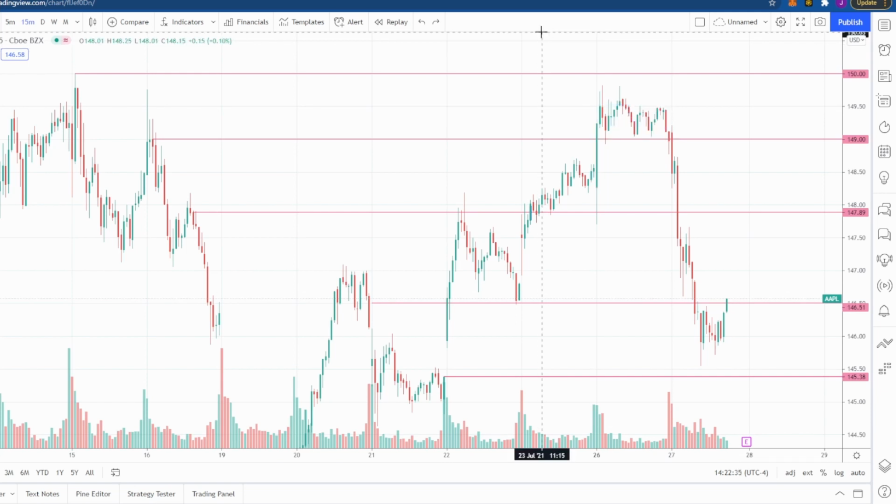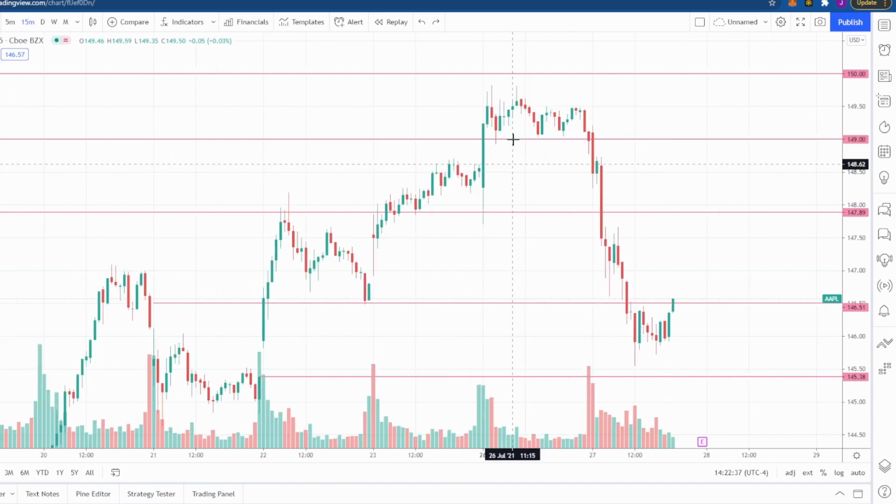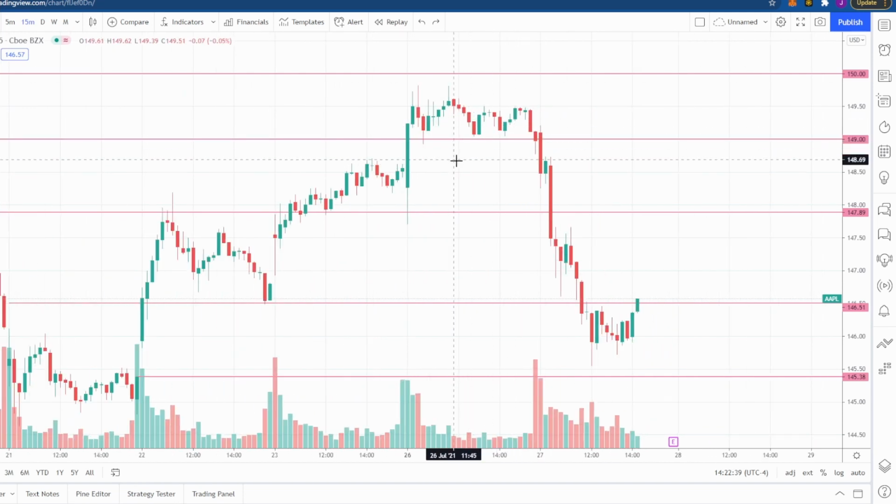But let's go back here. What happened this morning? Part of the strategy that we talk about in every video for short selling is that we look for breakdown candles, because that gives us something to trade against. That is basically our short signal. Should we short now? No, right now we're not shorting.